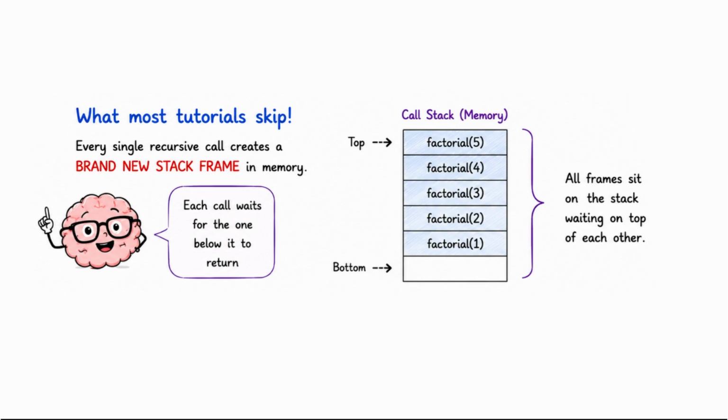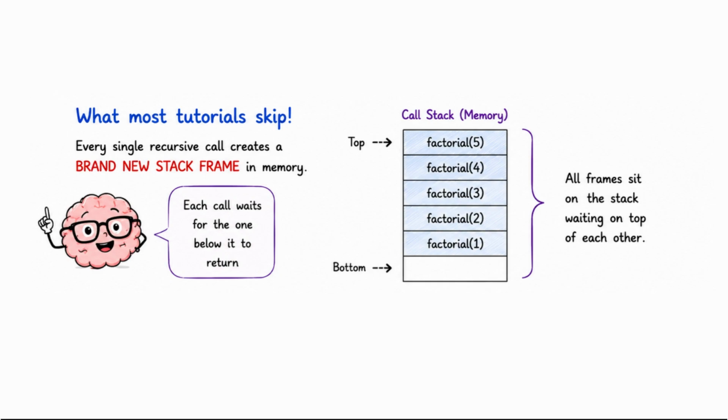Every single recursive function call creates a brand new stack frame in memory, which means all the function calls, be it factorial 5, factorial 4, etc., are sitting inside memory, one on top of another.